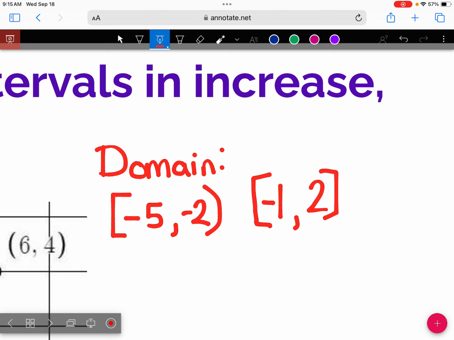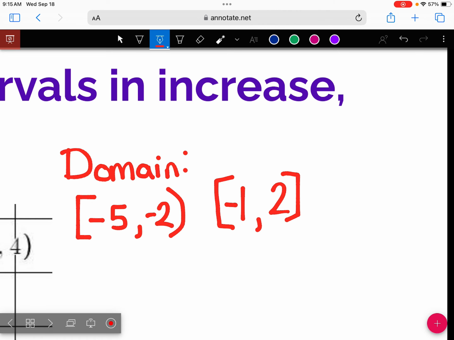Included. Where do we start next? Positive 3. Is 3 included or excluded? Excluded. And where does that segment stop? 6. Is 6 included or excluded? Included. So this has 3 intervals that we are going to union together. If there's gaps in your domain, leave a gap in your intervals.